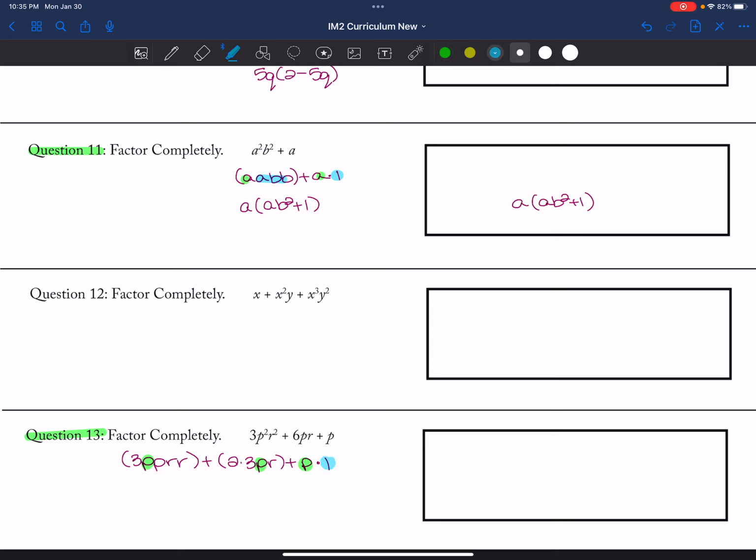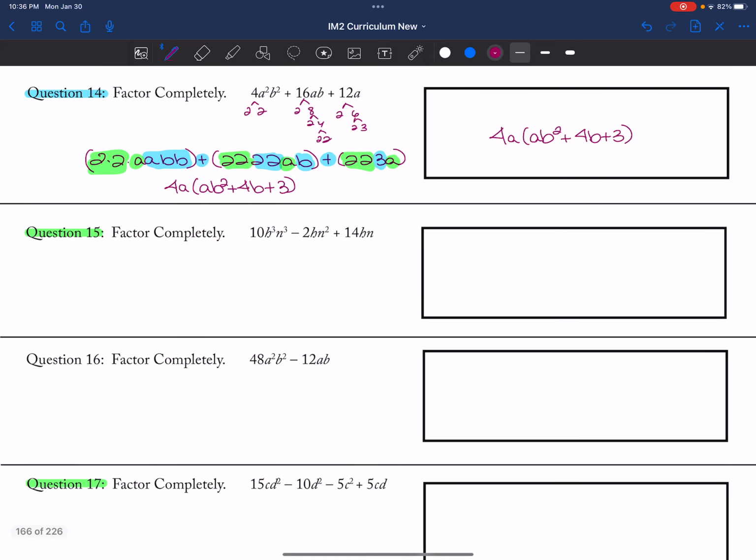So then I have a 1 left over, a plus sign, an r, a 6, a plus sign, a p and 2 r's, and a 3. So I have a p that I'm factoring out, 3pr squared plus 6r, a little long for the r, and then plus 1. So p times 3pr squared plus 6r plus 1.